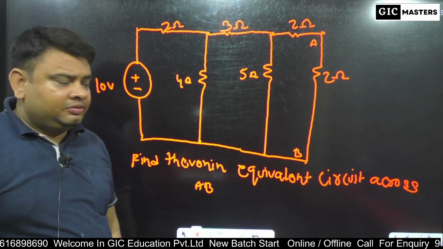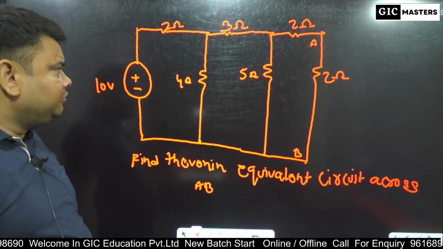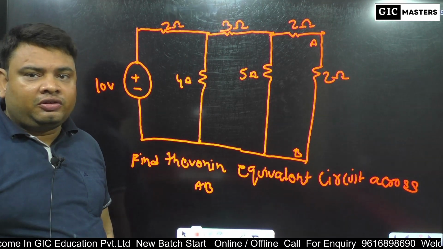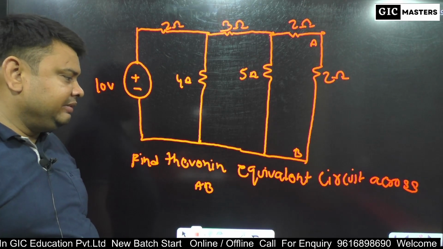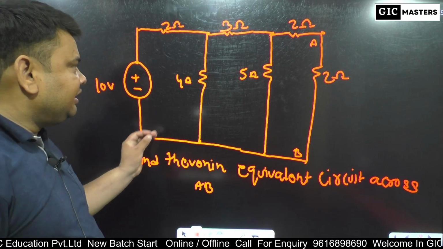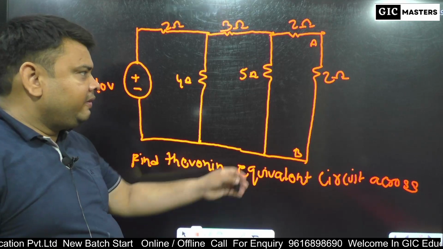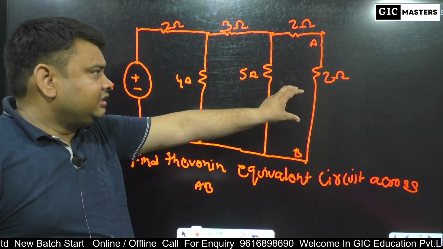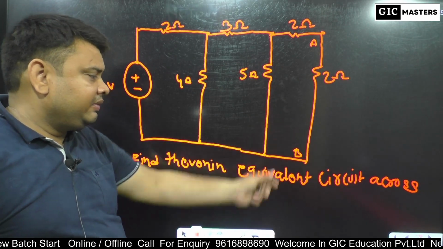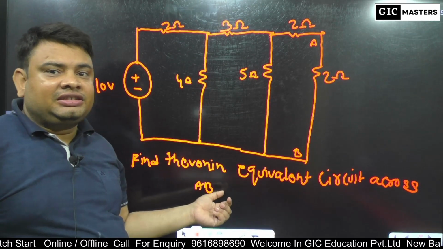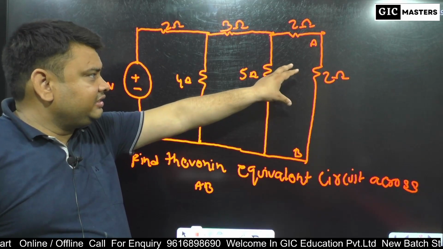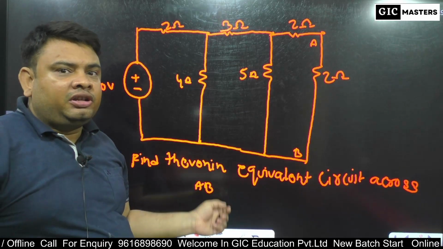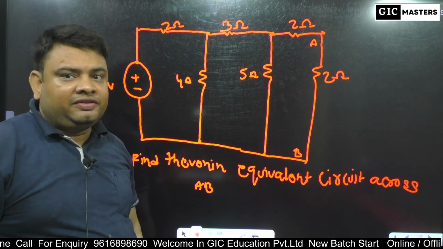We take the following steps to calculate Thevenin's voltage, Thevenin's resistance and overall current. This is the normal circuit. We have to find Thevenin's voltage and Thevenin's resistance across AB. After calculating them, we finally draw a Thevenin's equivalent circuit.